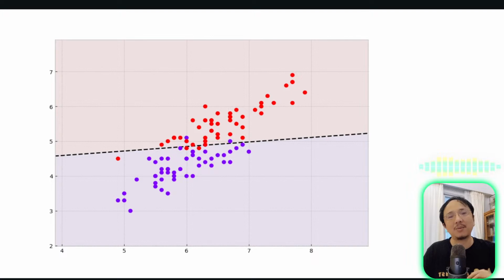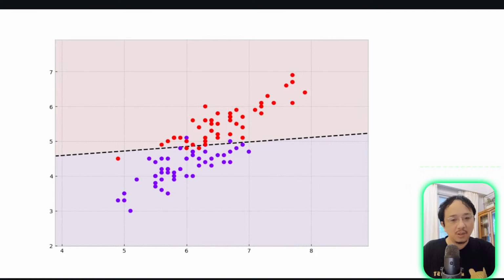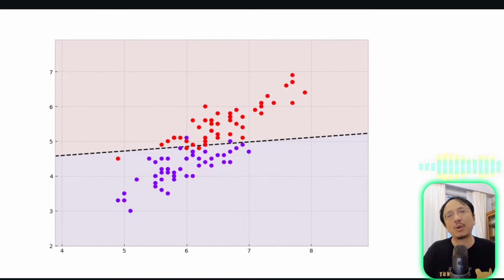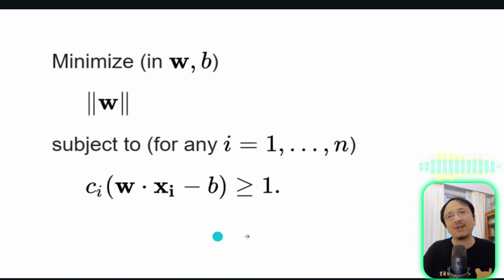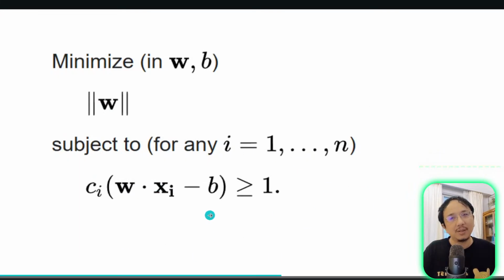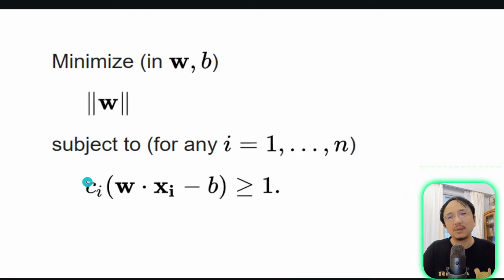So by using this terminology, our issue is: what if our training data is not linear separable? Then we cannot even find any straight line that satisfies the constraints, let alone minimize the norm, because there's no W and B we can find to satisfy this constraint.